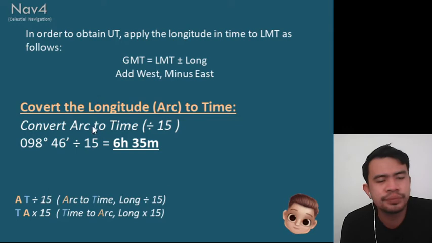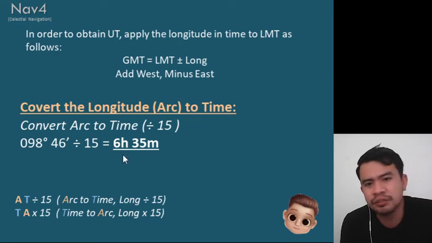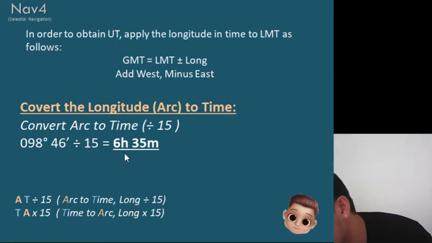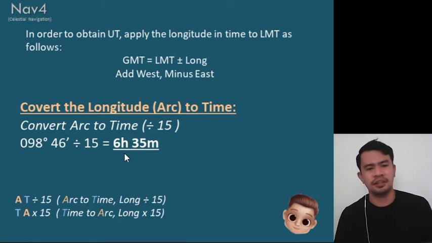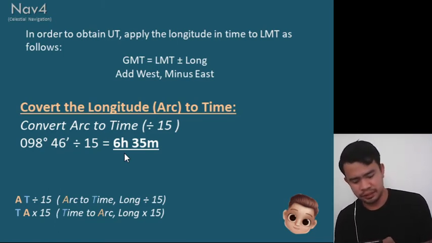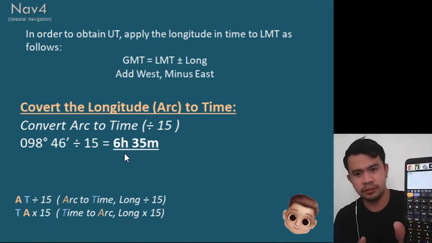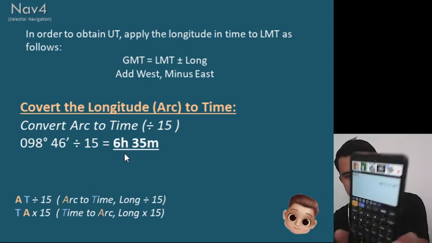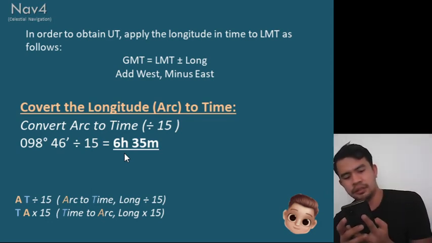So, here, gagawin lang natin, convert the longitude arc to time. So, example, ang ating given is 098 degrees 46 minutes, divided by 15 lang natin. So, we'll get the answer of 6 hours and 35 minutes. On our calculators, let's see. 098 degrees, 46 minutes divided by 15.